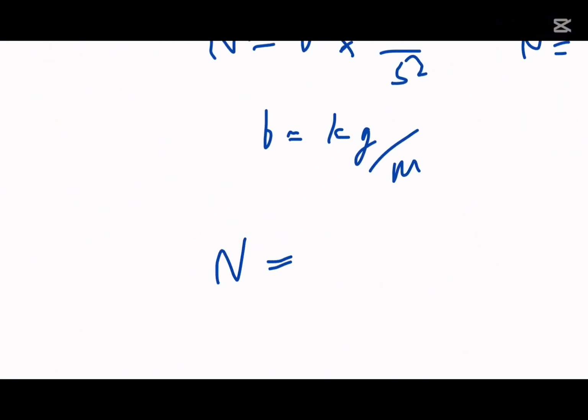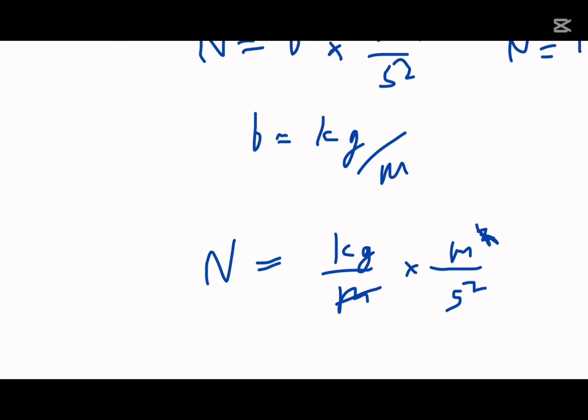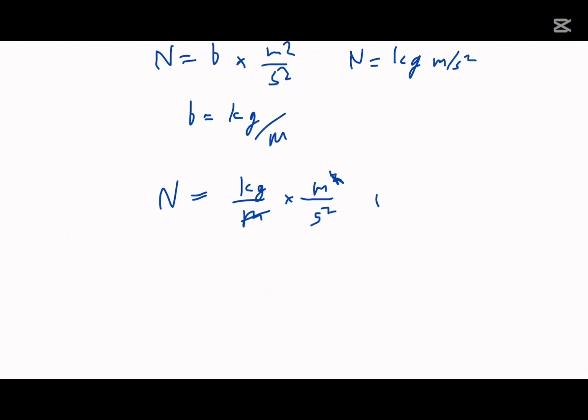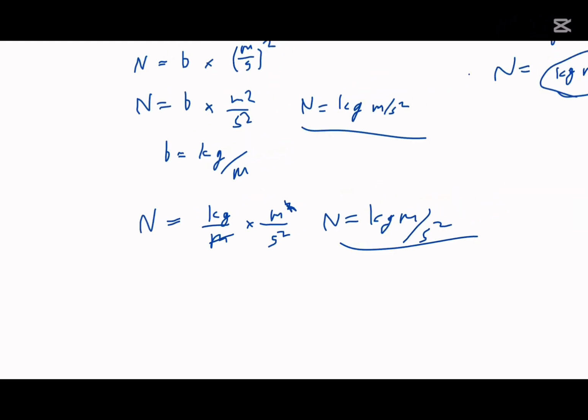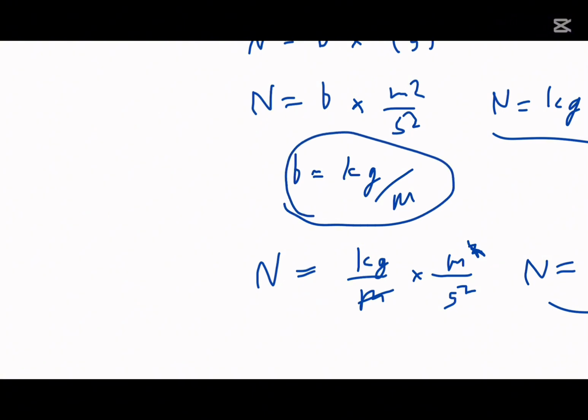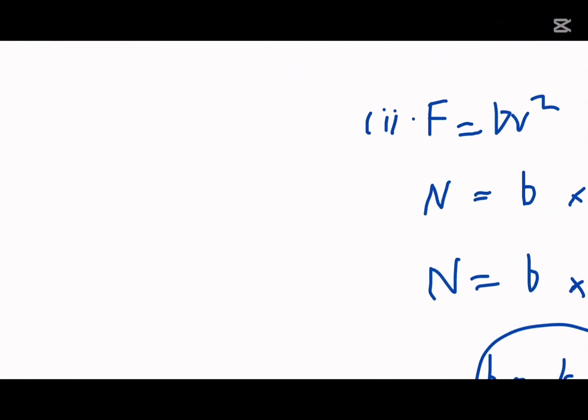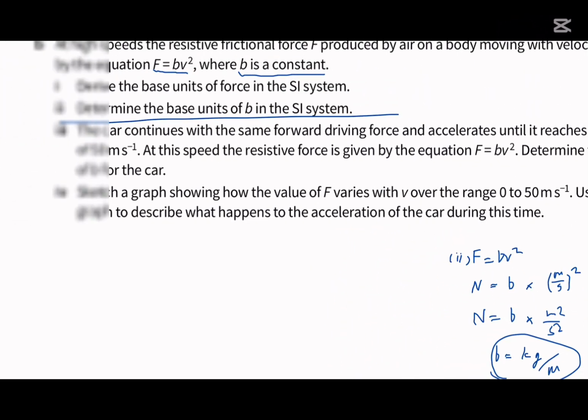So it will be kilogram per meter multiplied by meter squared per second squared. So this and this will cancel out, and we'll get newton equals kilogram meter per second squared. It's going to be the same. So b is kilogram per meter. This should be the answer for question number 2, kilogram per meter.